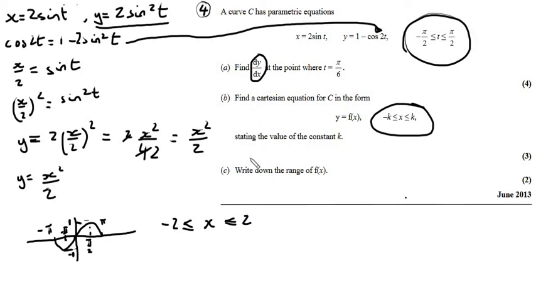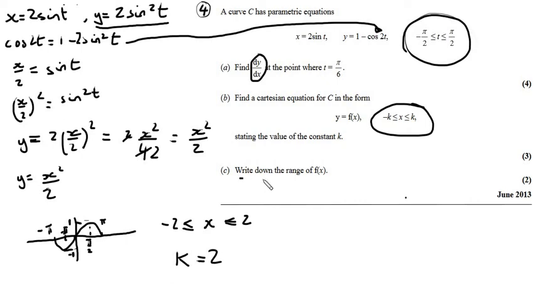Okay. So the value of the constant k is equal to 2. And so that's part B done.